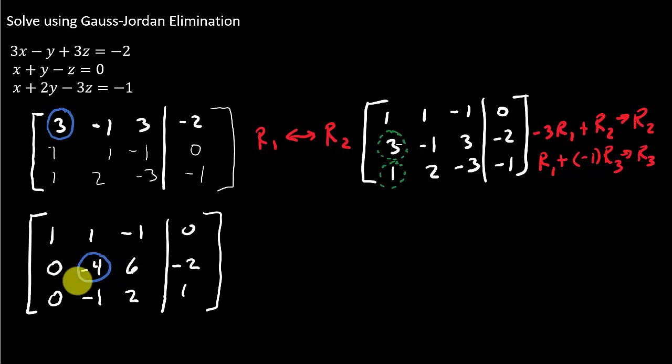Well, I could divide everything by -4, but that's going to leave me with fractions. So, look, I have a -1 here. That's easy to change. To change this to a 1, all I've got to do is multiply this row by -1. So what I'm going to do now is take row 2 and swap it with row 3.